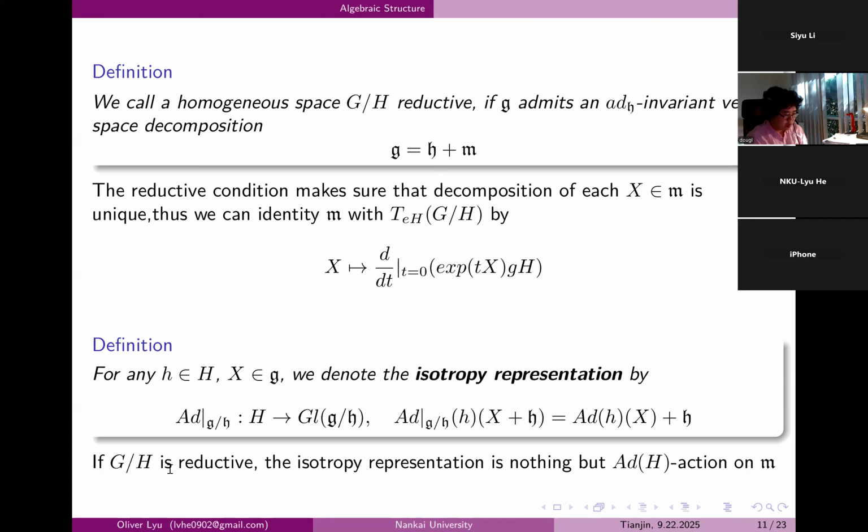But if G mod H is reductive, the isotropy representation is nothing but the Ad(H) action on M, because we might not confuse this part with this part.